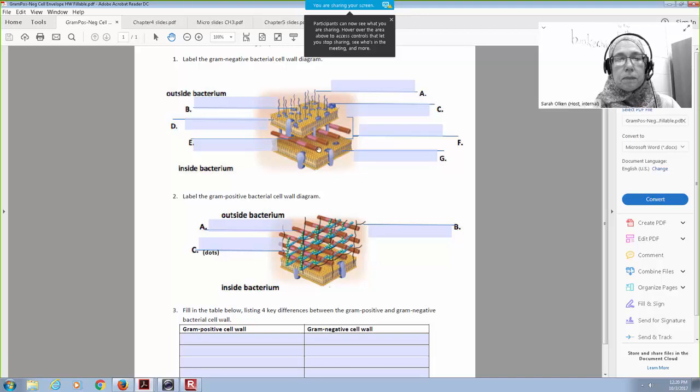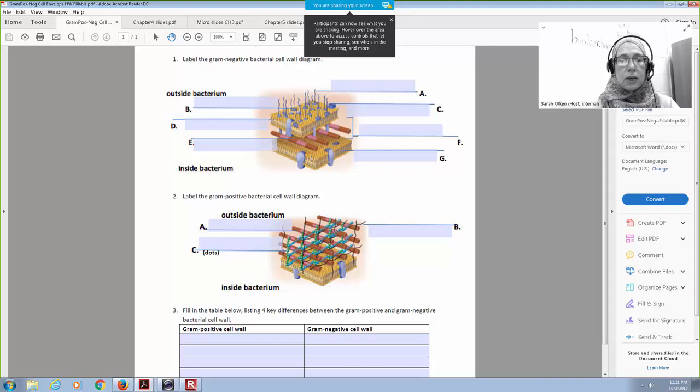So these cylindrical, alternating colored, striped cylinders represent the alternating glycan or sugars in peptidoglycan, and that's present in a very thin layer in the gram-negative, where you have many, many layers, up to 40 layers of peptidoglycan in the gram-positive cells. In addition, there's no outer membrane present in the gram-positives, but there is in the gram-negatives.